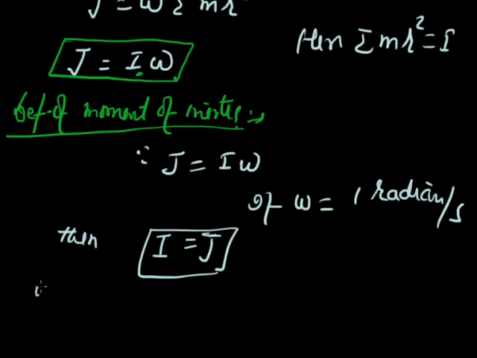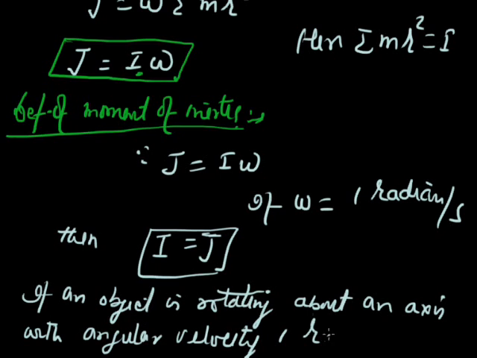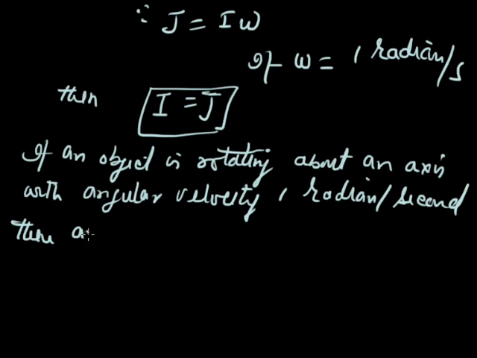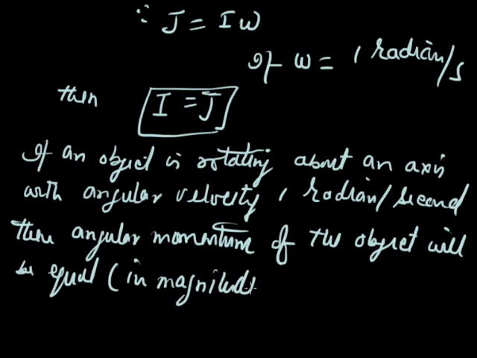It means if an object is rotating about an axis with angular velocity 1 radian per second, then the angular momentum of the object will be equal, only in magnitude, to the moment of inertia of the object about that axis.